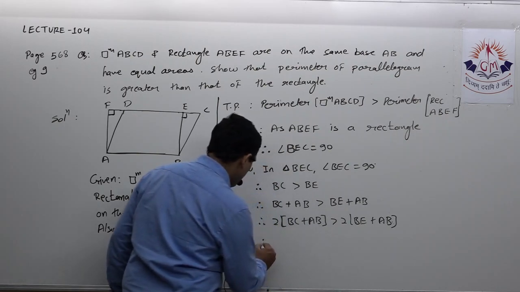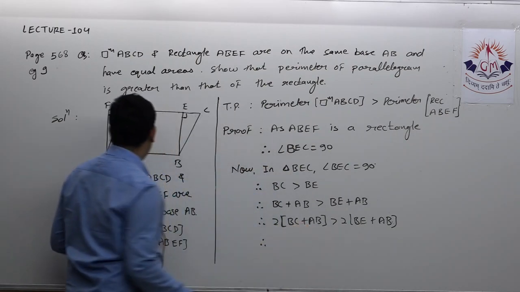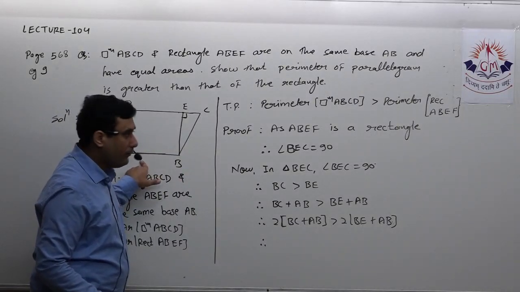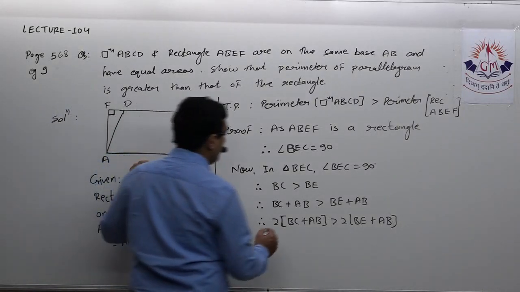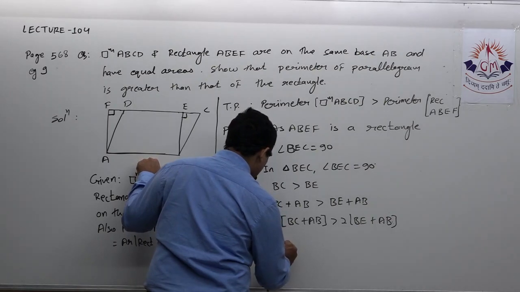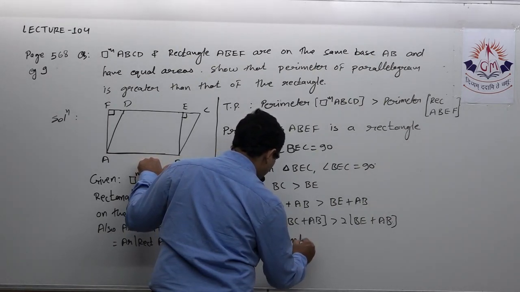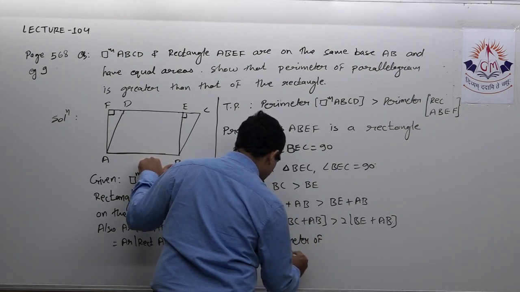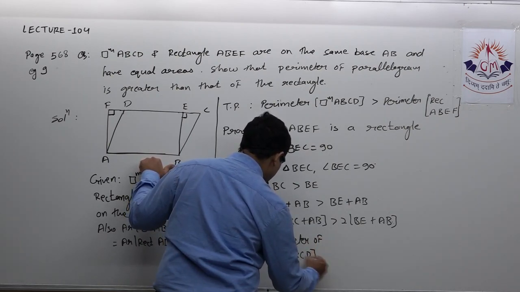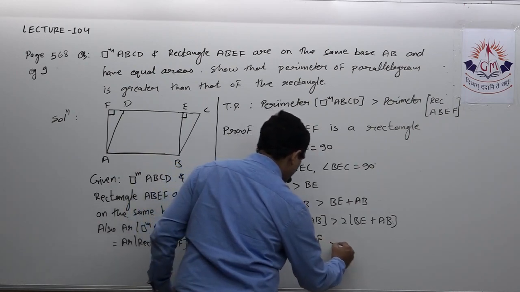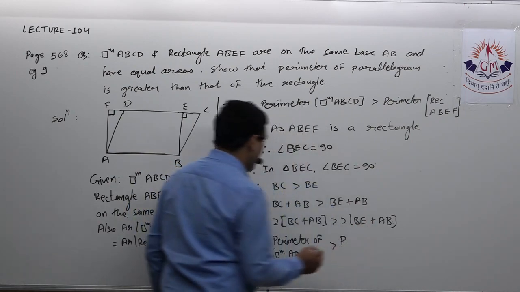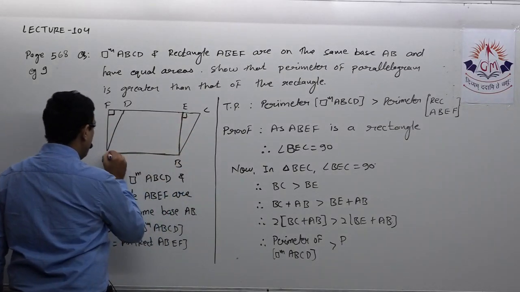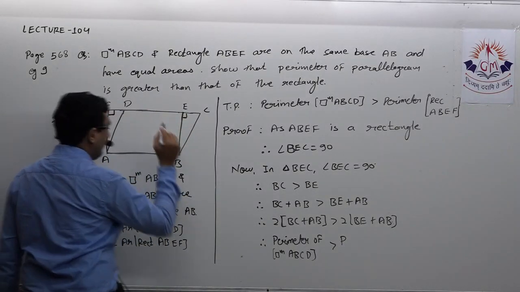Twice of BC plus AB is the perimeter of parallelogram ABCD, that is greater than twice of BE plus AB, which is the perimeter of the rectangle.